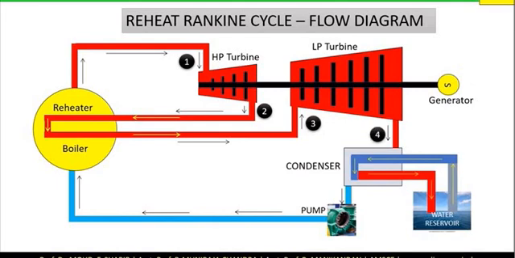Where the steam leaves the low pressure turbine. 5. Where the water enters the pump. 6. Where the water enters into the boiler. So if you measure the pressure, volume and temperature at 6 points using Mollier chart, we can easily find the enthalpy and find the efficiency of the reheat Rankine cycle.